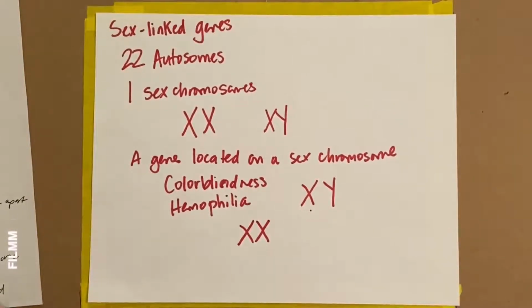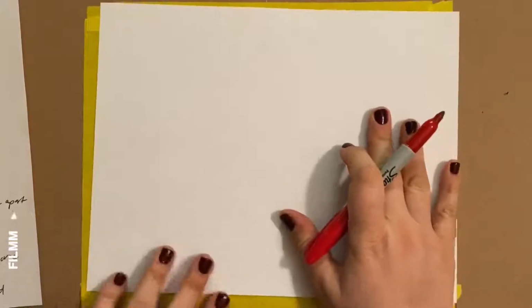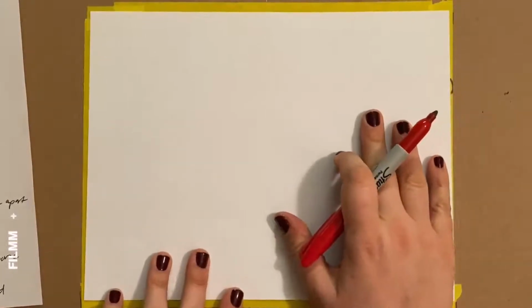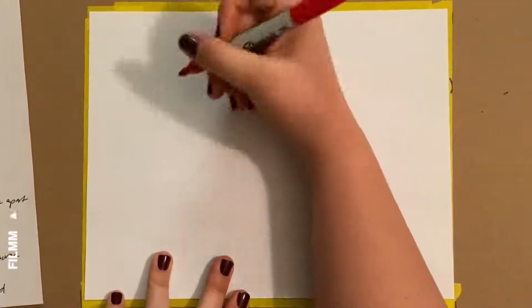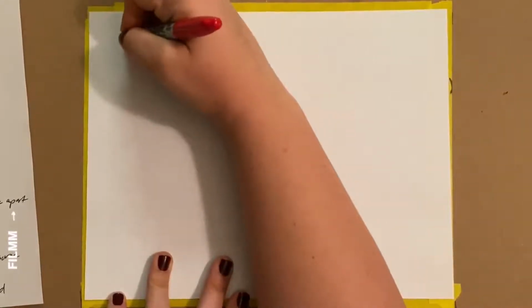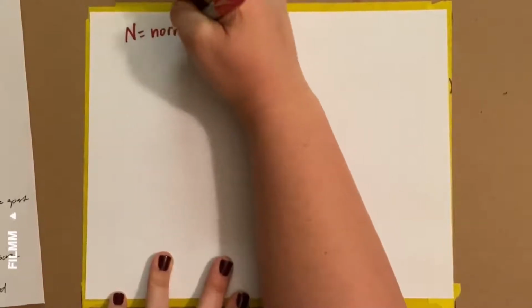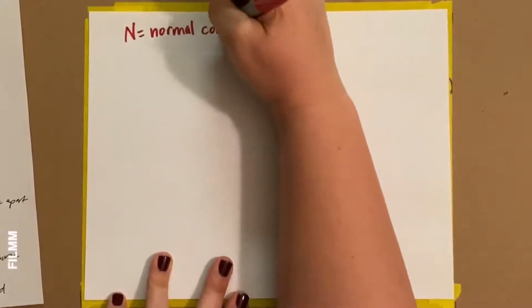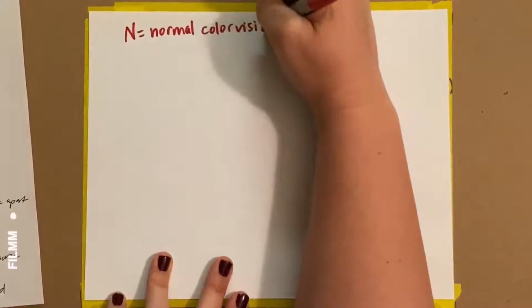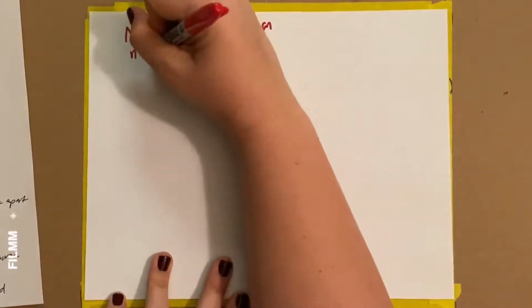For example, color blindness is a sex-linked trait, and it affects men much more than women. So I'm going to say that N equals normal color vision and little n equals colorblind.